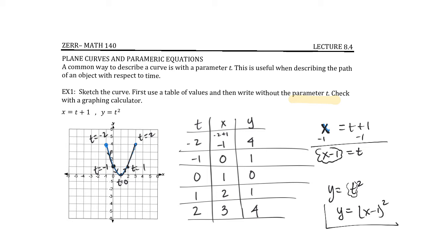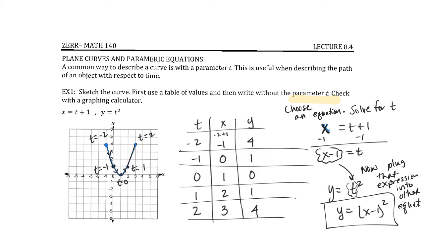So eliminate your t by solving for t in one equation, and then plugging your expression right into your other equation. Then you see, oh yep, that's a parabola, and it's got its vertex at 0, 1. So you choose your equation, solve for t, and then plug that into your other equation, and you'll have eliminated your parameter of t.